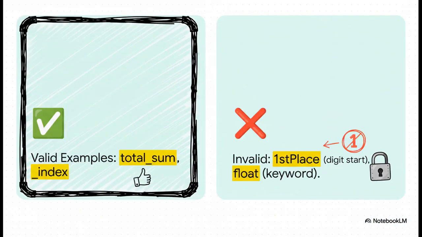This slide makes it super clear. On the left, total underscore sum, underscore index, totally fine. But on the right, not so much. First place is a no-go because it starts with a number, and total dash sum is invalid because it has a hyphen, which isn't one of our allowed special characters. These are exactly the kinds of little mistakes that can drive you crazy when you're starting out.